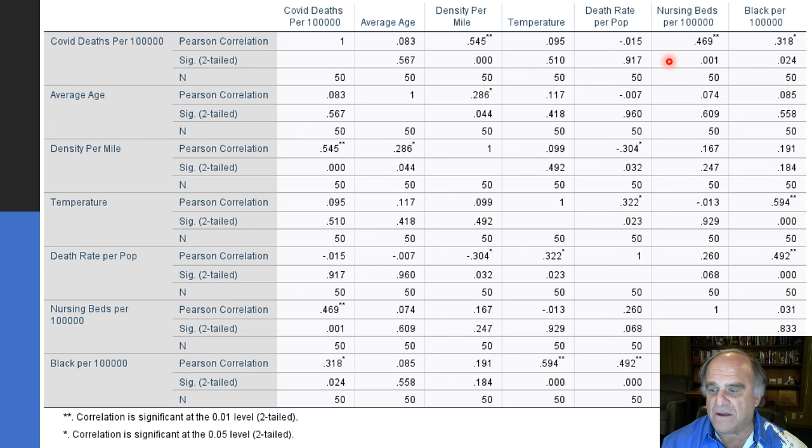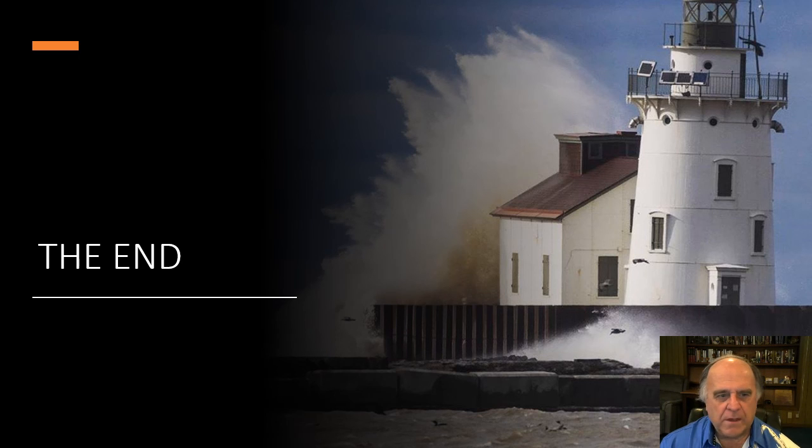So when we look at this, we can see what variables are correlated and at least on the surface might predict COVID deaths per 100,000. That's interesting in and of itself, but of course we'll be using it later on when we go through the regression analyses. Okay, so we want to keep this sort of chart in mind later on, although we'll also have other variables. And that's the end of our correlational section.